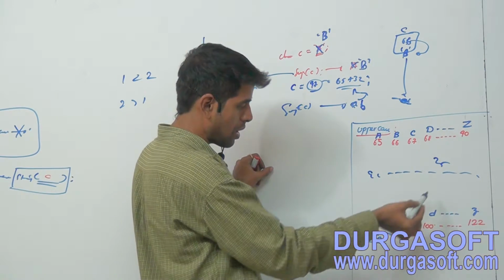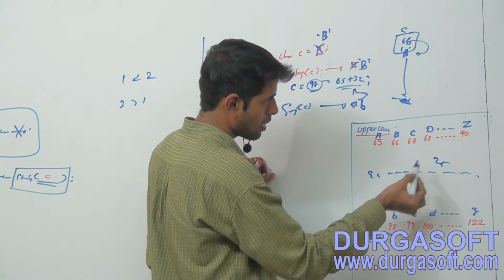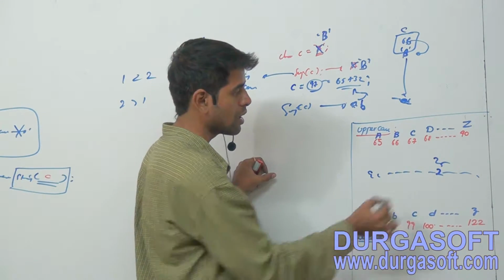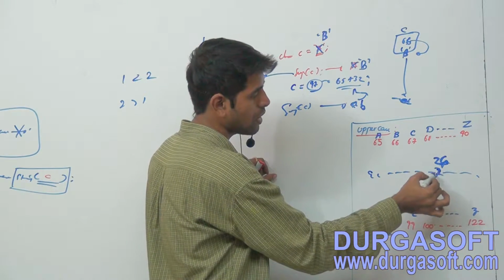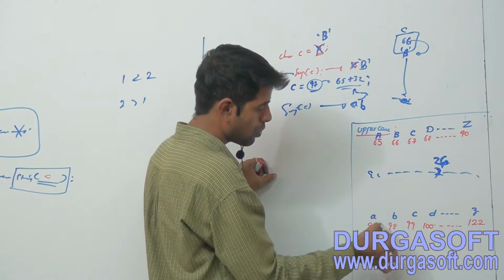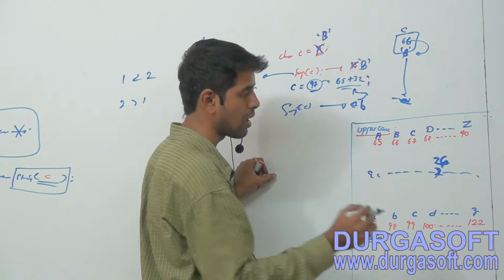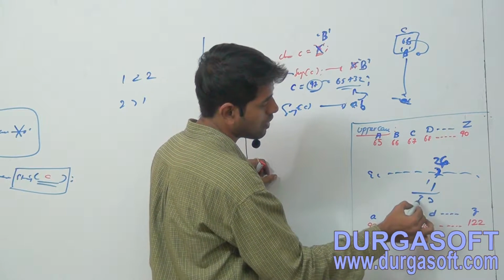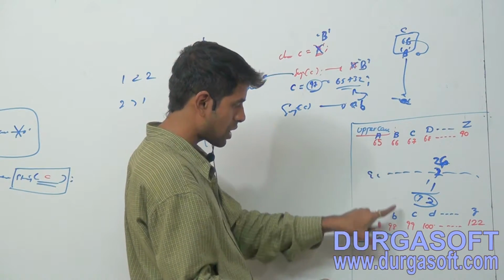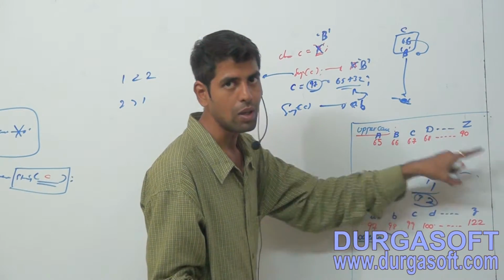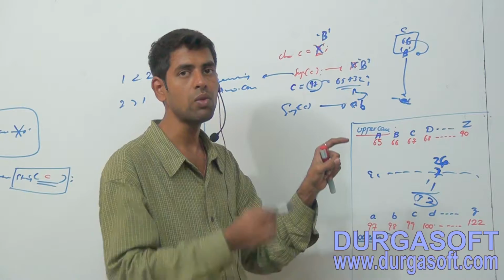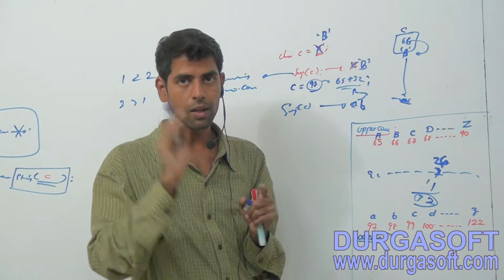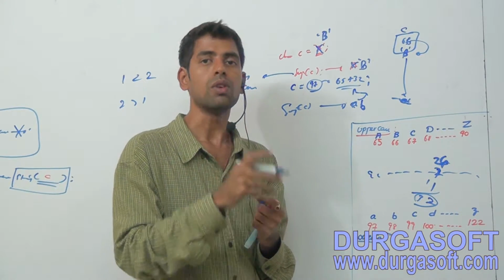Coming to here, from 91 to 97, how many? 7. So to reach 98 you require one more value. From this place, to reach 98 it will take 32 traversing steps, or 32 shifts, or 32 blocks, or 32 address values, or in a general way 32 units.